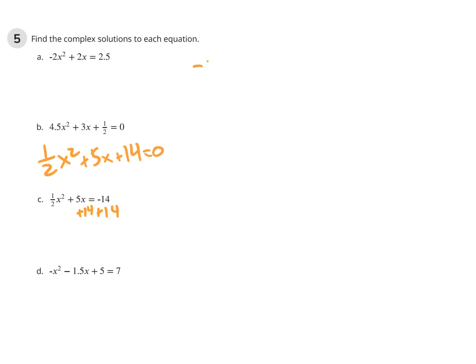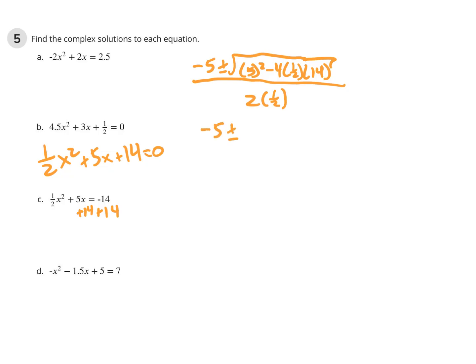Negative b plus or minus the square root of b squared minus 4 times a times c, all over 2a, gives us negative 5 plus or minus the square root of 25 minus 28, all over 2, not 2, 1.